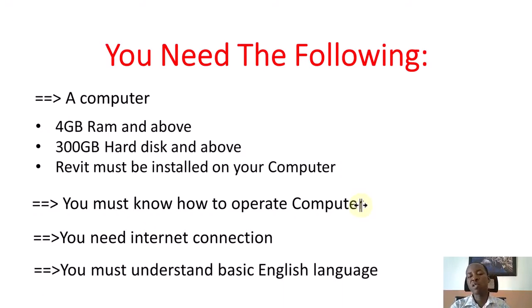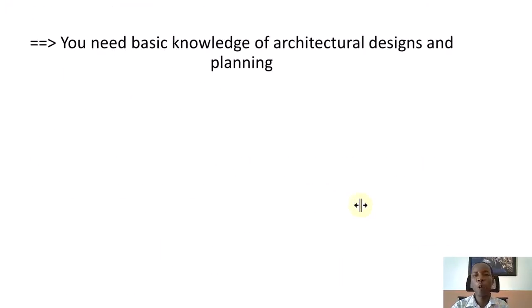And you must understand English language, at least basic English language, because it is English language that we use in communication. And you also need basic knowledge of architectural designs and planning.